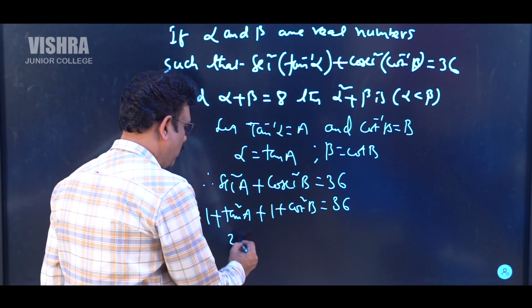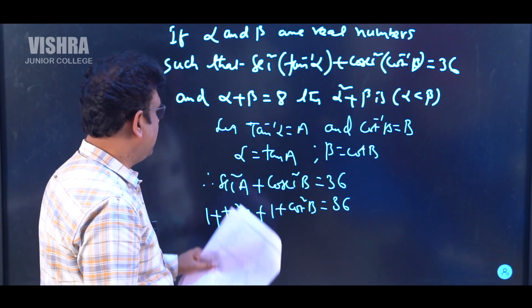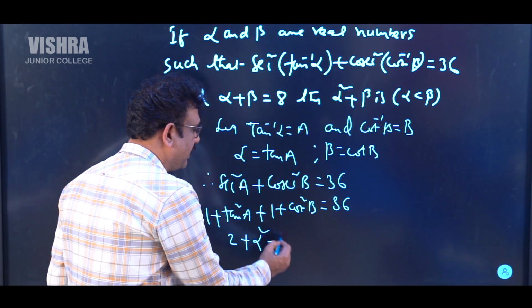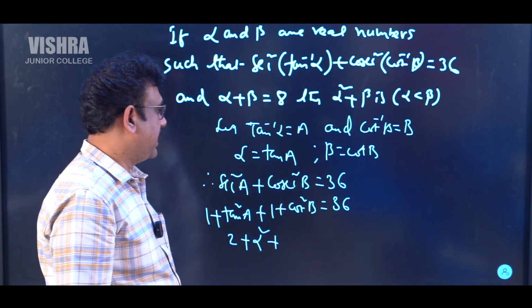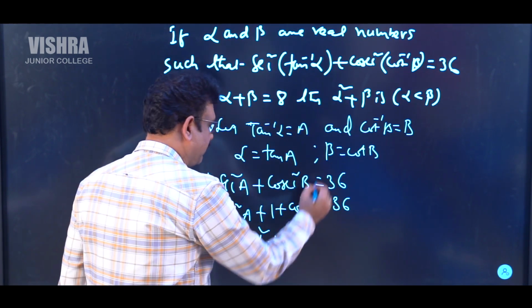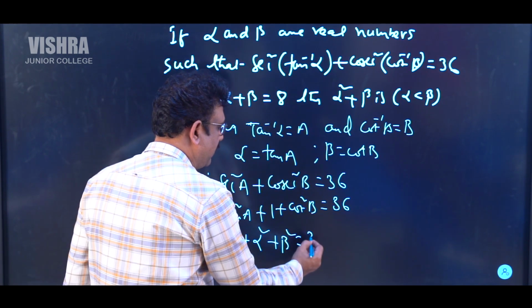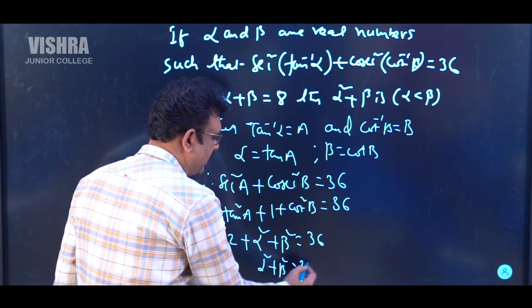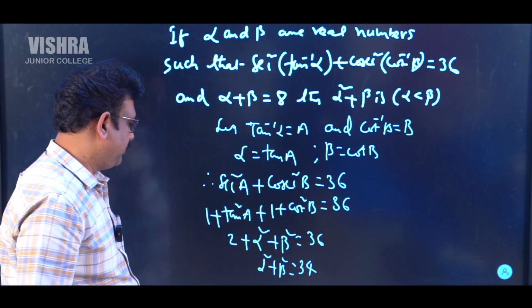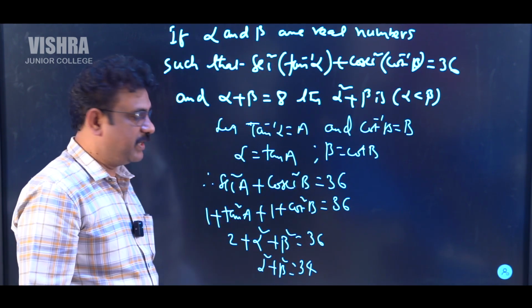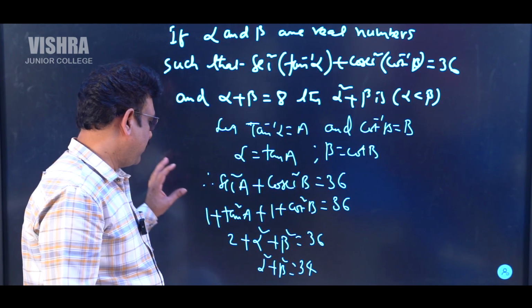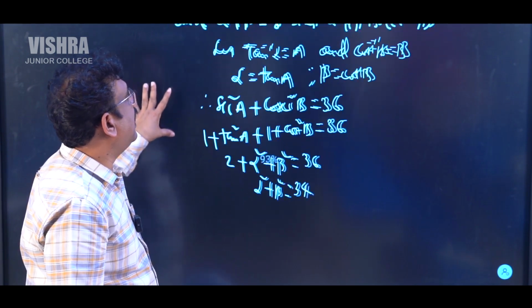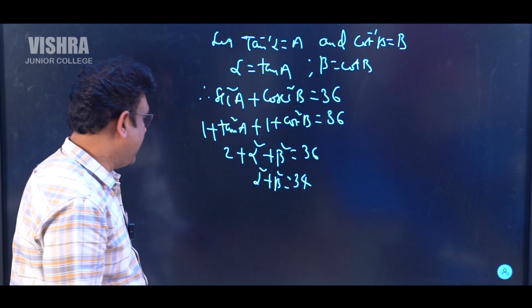Now 2 plus tan square A, with tan A equal to alpha, tan square A equal to alpha square, cot square B equal to beta square, so 2 plus alpha square plus beta square equal to 36. Now alpha square plus beta square equal to 34. Now we are given alpha plus beta is equal to 8.